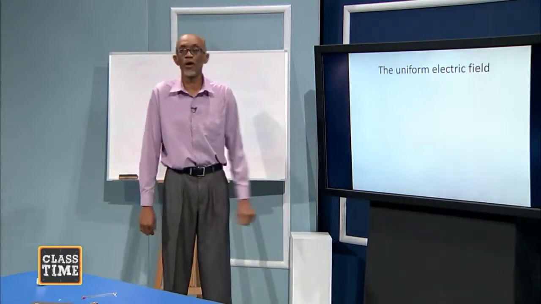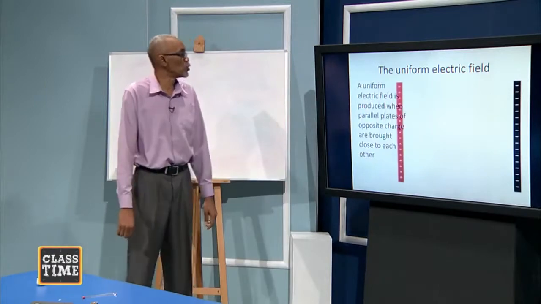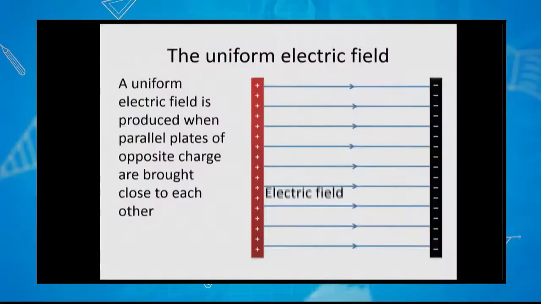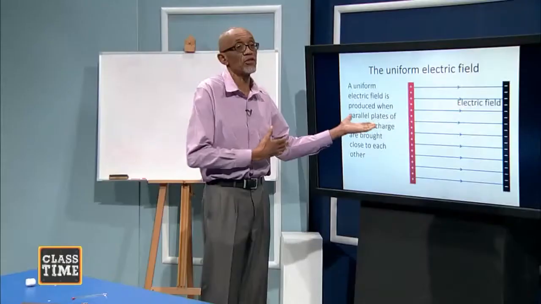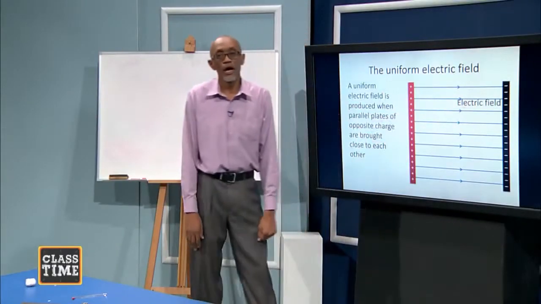All right, so the uniform electric field. A uniform electric field is produced when parallel plates of opposite charge are brought close to each other. And you see the electric field sweeping out. All in between here is the electric field. But when we represent it on paper, we can't draw lines on every space, so we represent the field by lines with arrowheads.